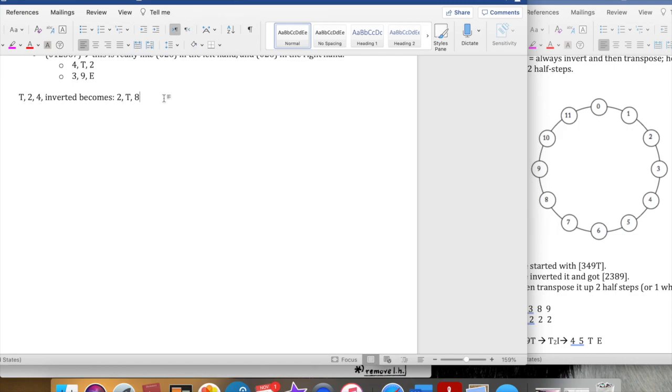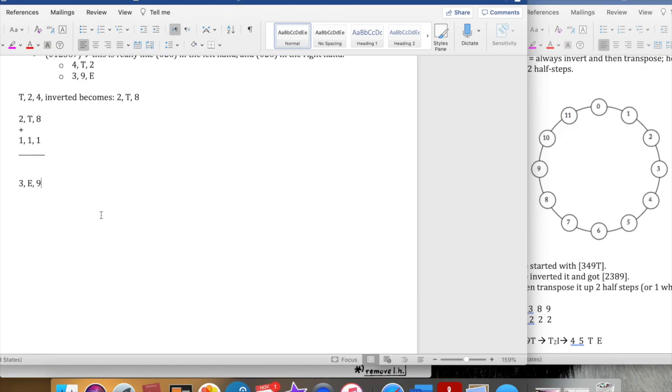So then we take 2, 10, and 8 and add 1 to each of them, right? Because that's the operation that the set theory calculator told us gets us to this inversion. Okay. So then we're left with 3. 2 plus 1 is 3. 10 plus 1 is 11. 8 plus 1 is 9.